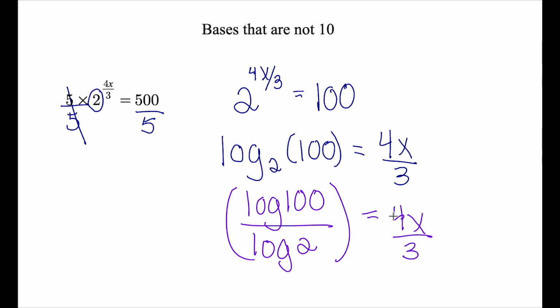If I want to move a fraction to the other side, I simply multiply by the reciprocal, because fractions, when we multiply, cancel diagonally. So x equals 3 over 4 times log 100 over log 2.